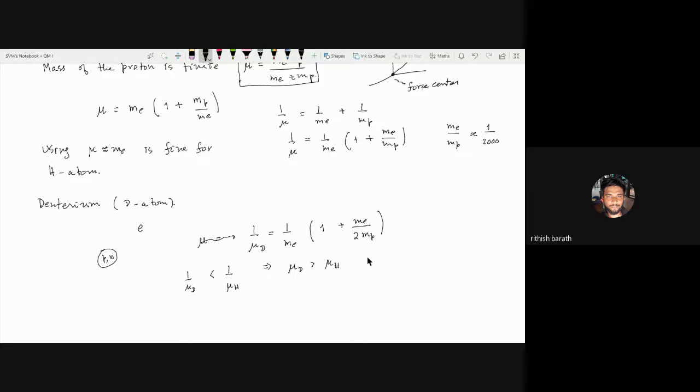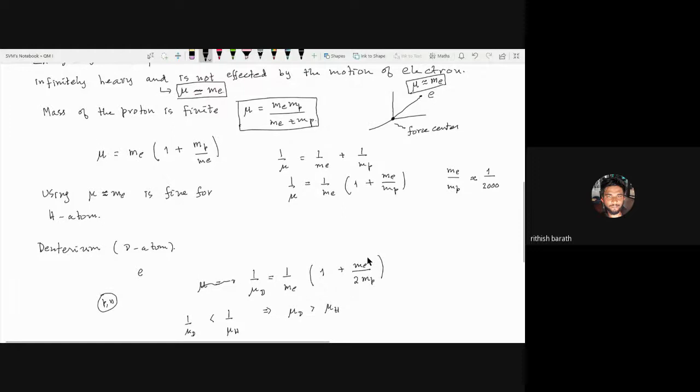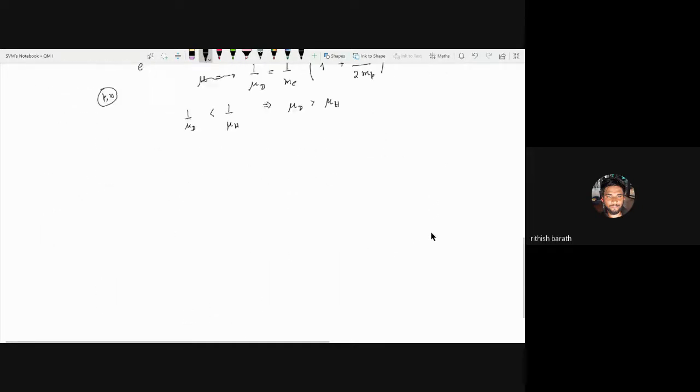So this is a higher number, so this reduced mass. Because mu is equal to me times 1 plus this, because here you are taking 1 by mu, but here you are taking 2. If you consider mu, it will be a higher number. Yeah, that's what I was wondering.